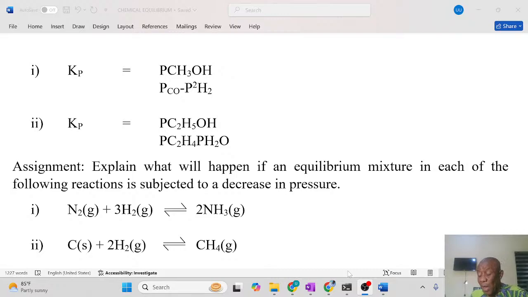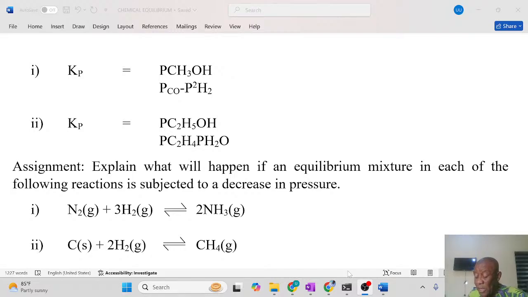So look at the questions we have now. When we have CO gas plus 2H2 to give us CH3OH, which is methanol, and then C2H4 gas plus H2O gas to give us C2H5OH, they're all gaseous. We're asked to predict what will happen if the temperature of each equilibrium system is increased.